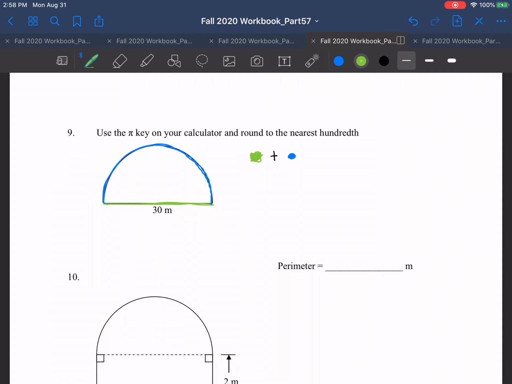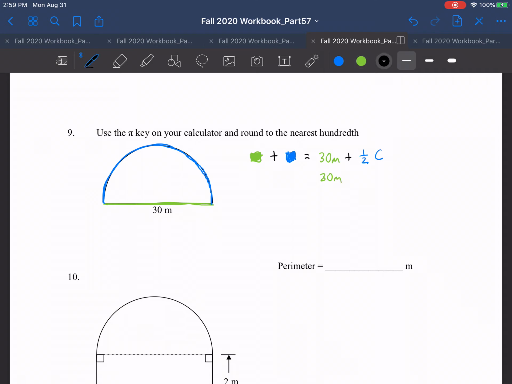So we're going to do the green plus the blue, and the green part is 30 meters, and then the blue part, that's a little trickier, it's going to be 1/2 of the circumference of what the circle would be. Well, because it's half a circle, it's halfway around it. And so we can do that by just going ahead and pulling this down.